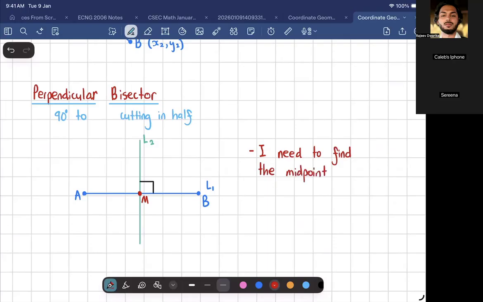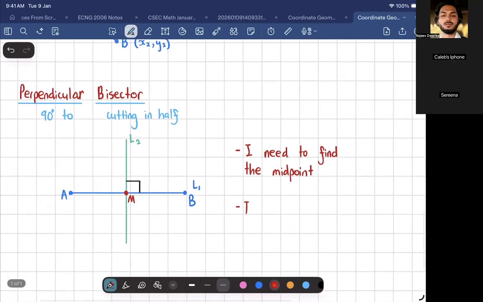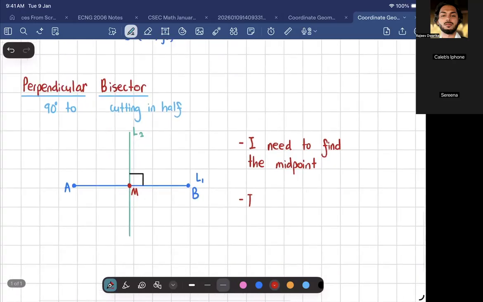And the other thing that should come to mind is, Caleb, what did I say about perpendicular lines? There was a relationship. If lines are perpendicular, how are the gradients related to each other?